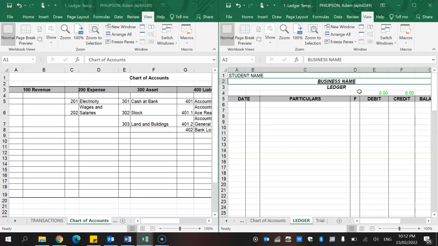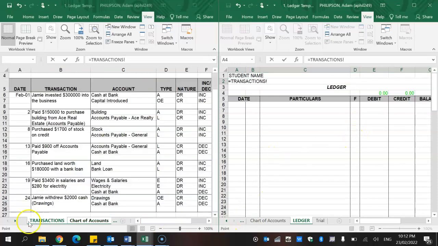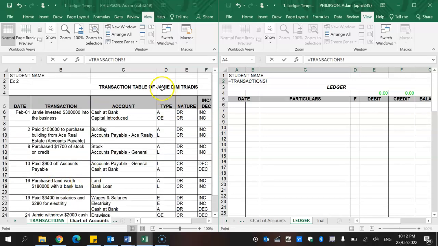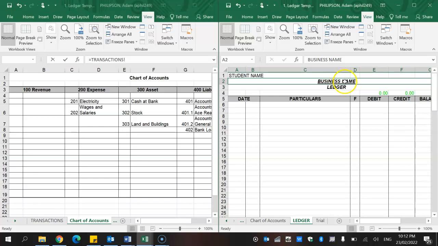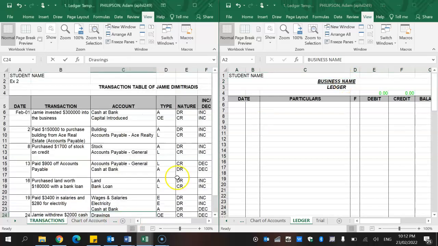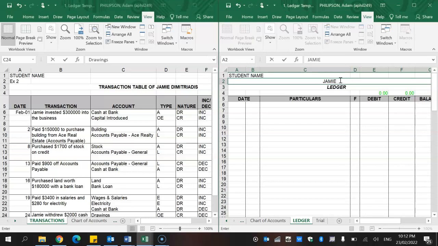But because it's hard to spell when we don't have it in front of us, what we can do is go equals, come over to the transaction table. Oh no, forget that, never mind. But we'll get his name, get his spelling over here. Okay. Business name at the top. Demetriadis.